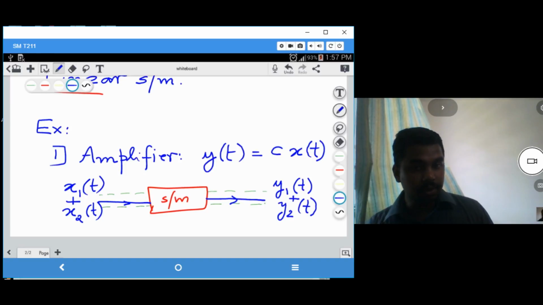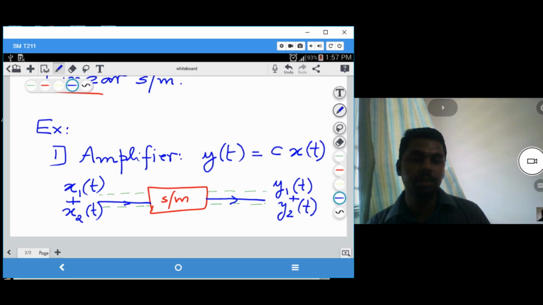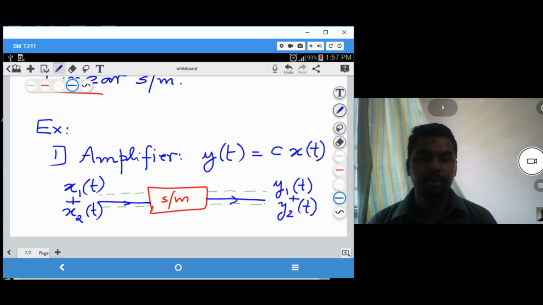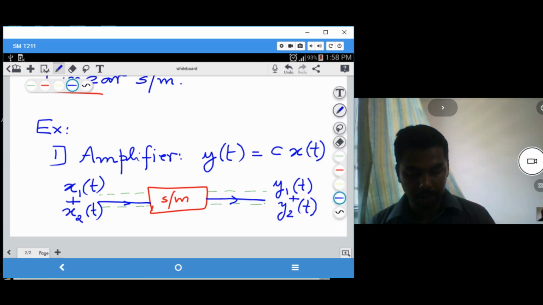Or in other words, the output corresponding to the sum of the inputs is the sum of the individual outputs. One can easily verify that the amplifier system that we have written down here satisfies this relation.